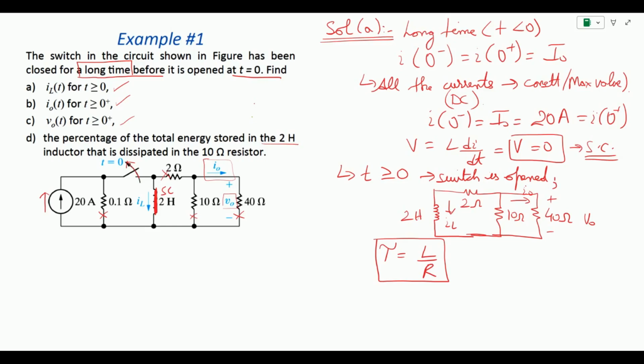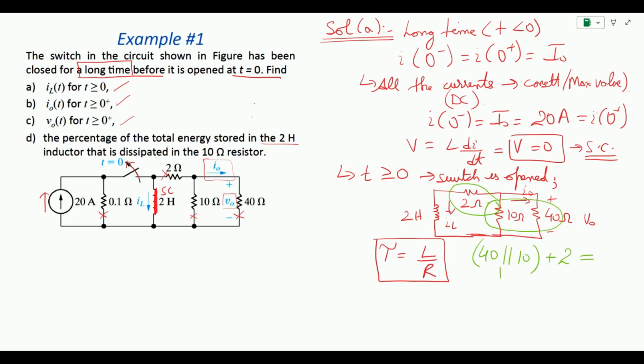The 40 and 10 ohm are in parallel, and then they are in series with the 2 ohm. So 40 is in parallel with 10 ohm, and whatever answer comes out is in series with the 2 ohm.